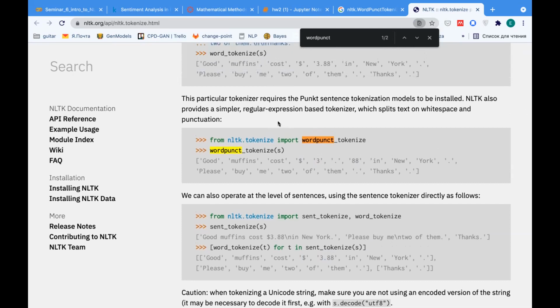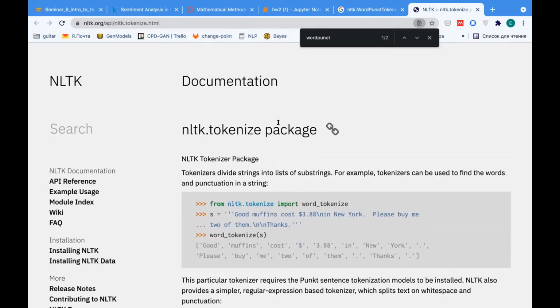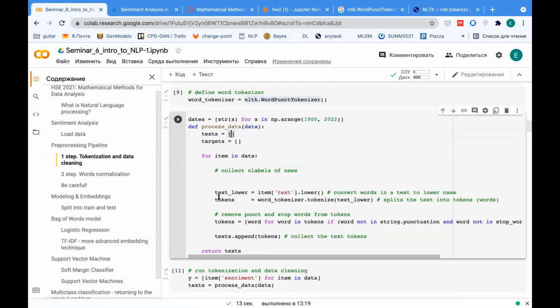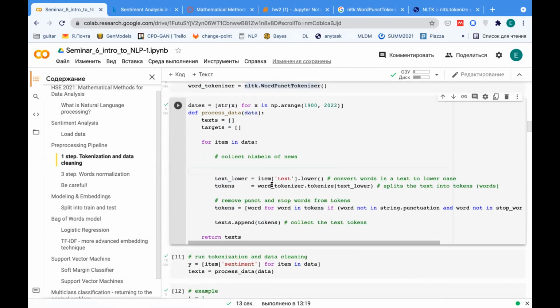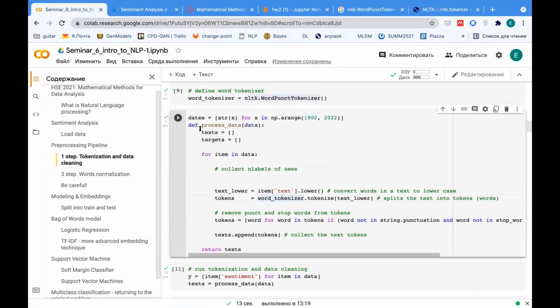So I just wanted to say that we should choose tokenizers that are suitable for our problem. But here we decided to just split the text like this. So what we do here, we wrote some function for text processing.